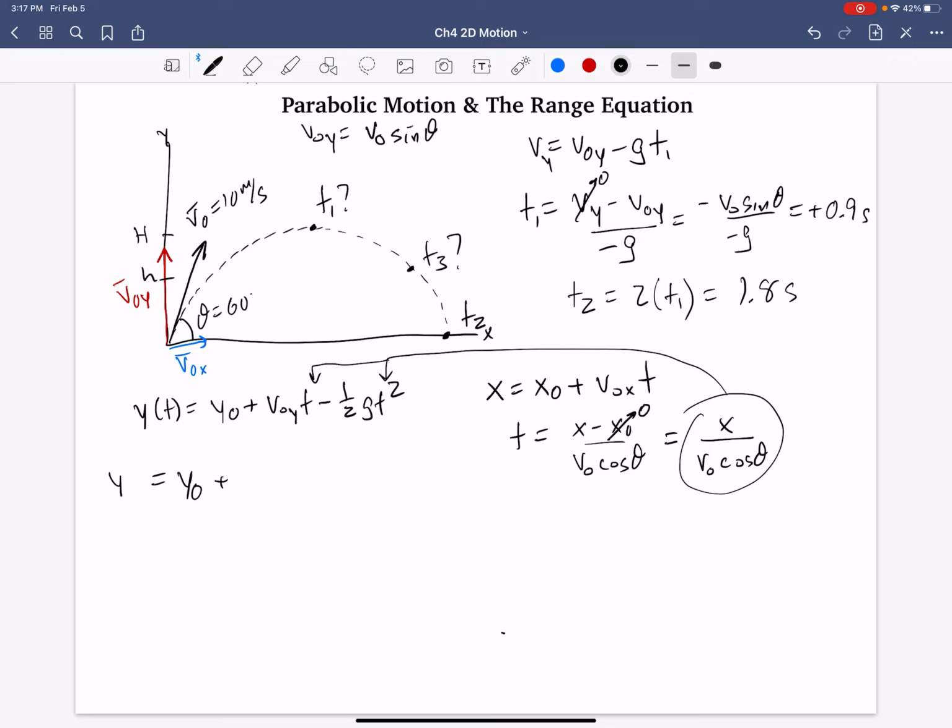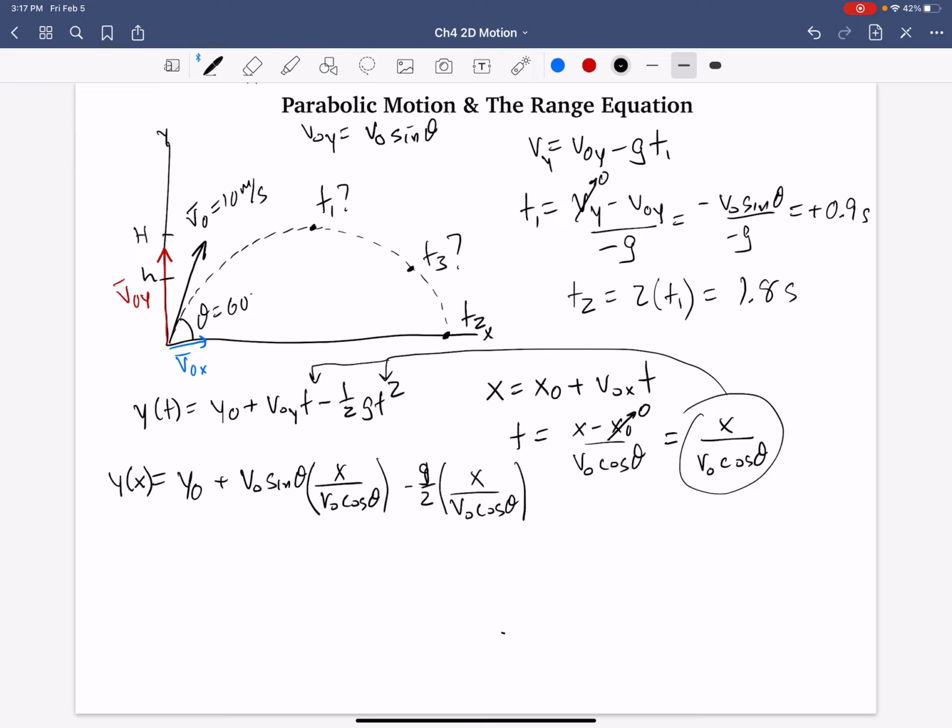So plugging in time, we split up v naught y, that's v naught times sine theta. Then we have x divided by v naught cosine theta, minus 1/2, let's do g over 2 times this expression but squared. Okay, and so now this is a function of x.